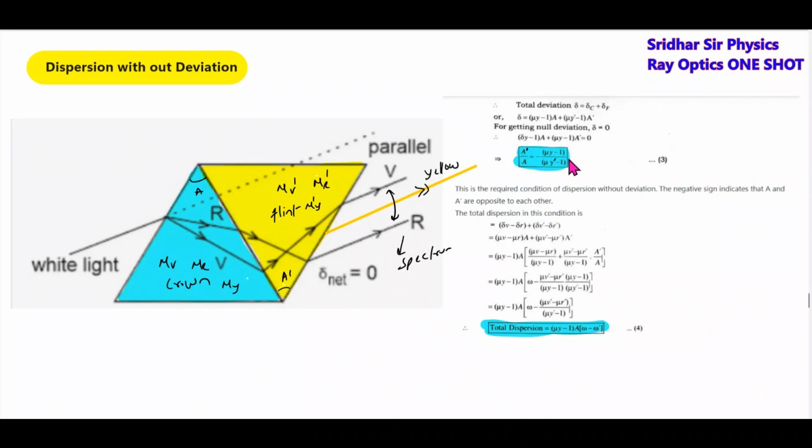Okay, fine. Then what about the net dispersion? I'll add up the angular dispersion due to the crown and flint. Solving in terms of dispersive power, we'll get omega again. How do you define it?